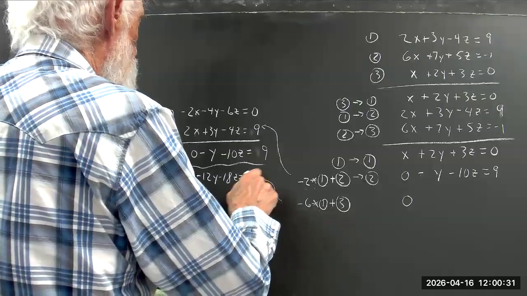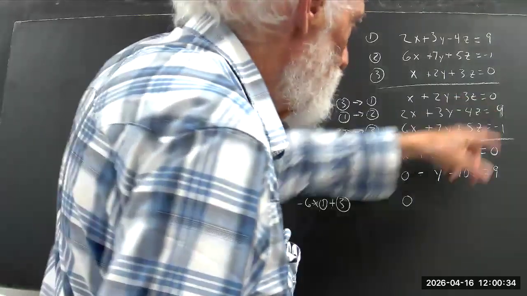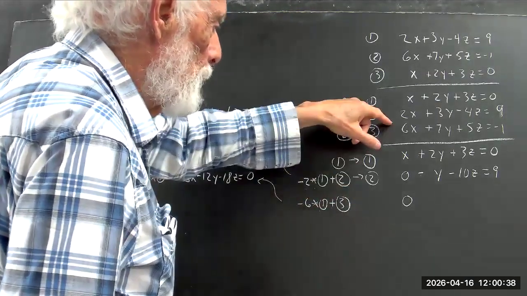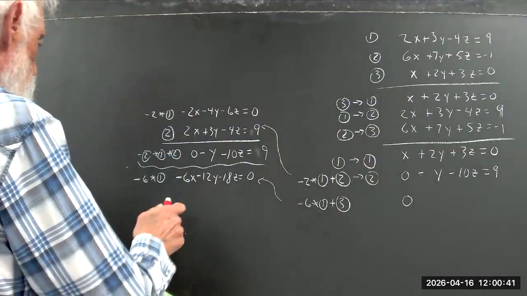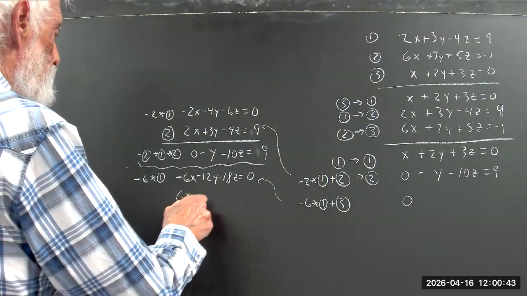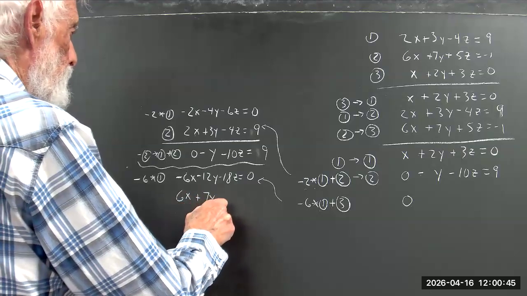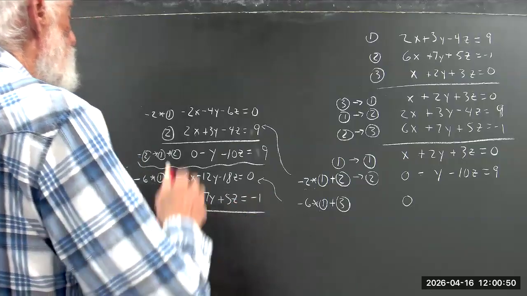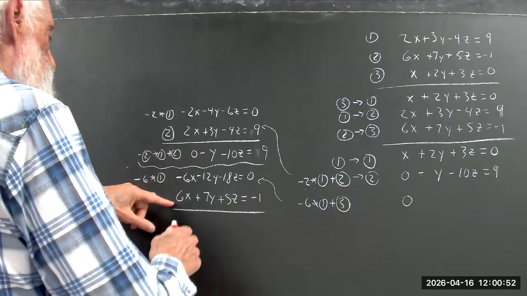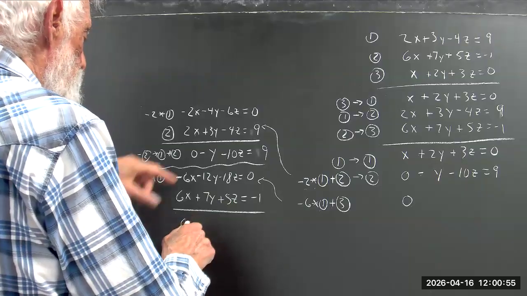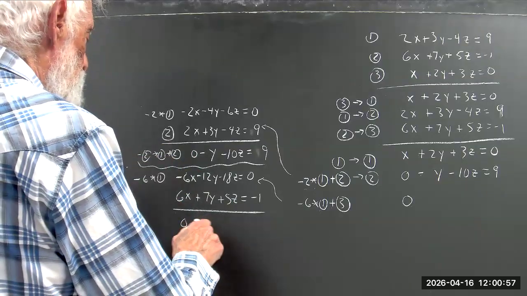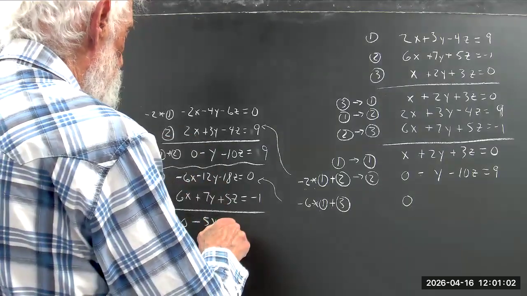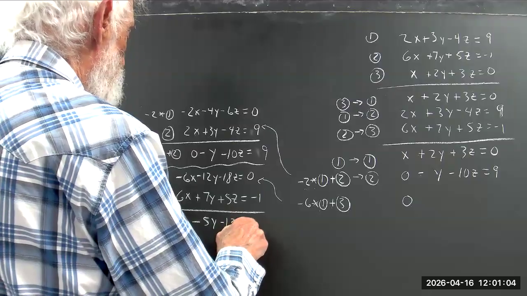And that's going to equal 0 because anything times 0 is 0. And then I'm going to add that to the third equation from my second step, which is 6x plus 7y plus 5z equals -1. I add those up, -6x and 6x gives me 0. -12y plus 7y is -5y. -18z plus 5z is -13z.